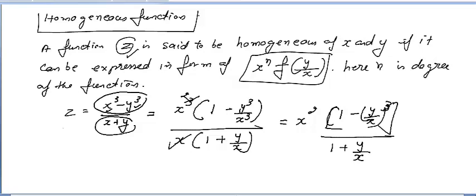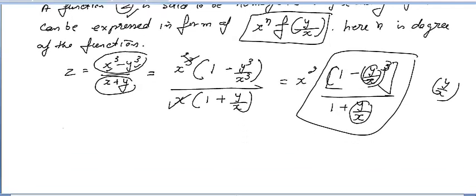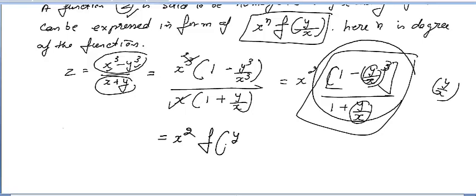Students, a very interesting step here. See this whole thing, in every term, if there is any variable, the variable is only y over x. See, y over x, y over x, nothing else is there. So you can write x square outside, and this is a function of y over x, meaning this is depending upon y over x. So I have converted this function into this form.